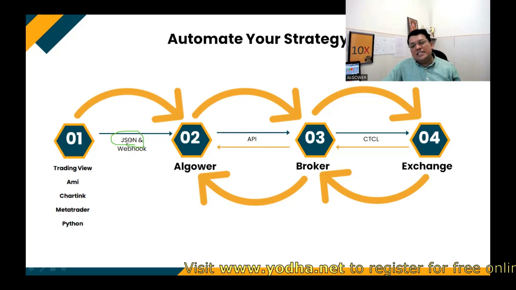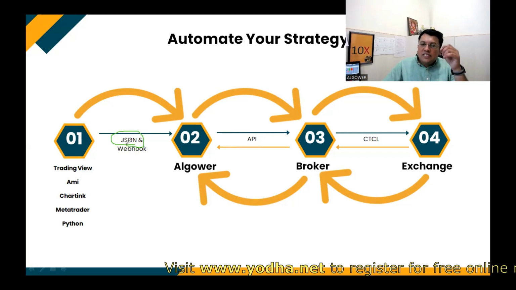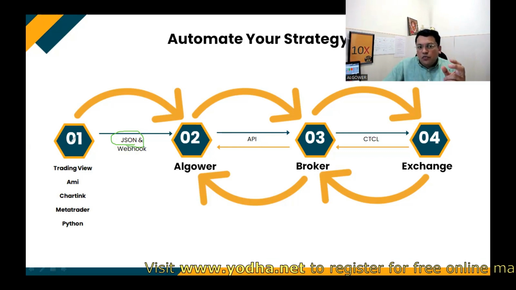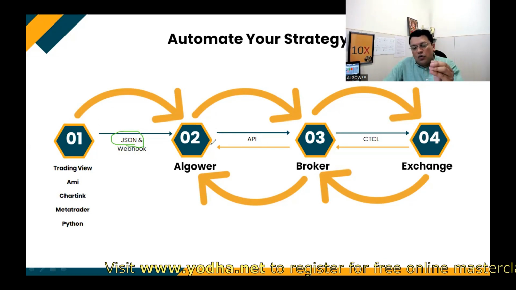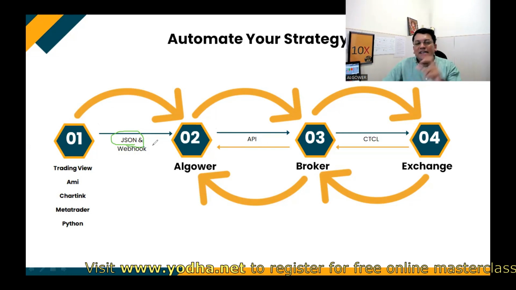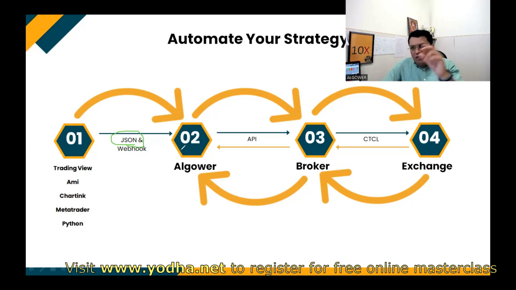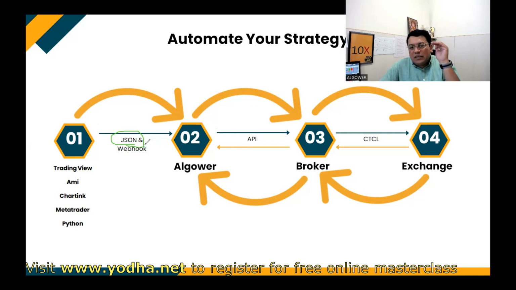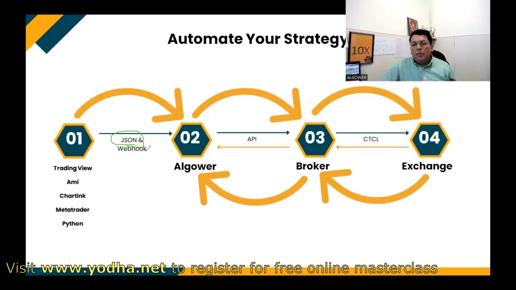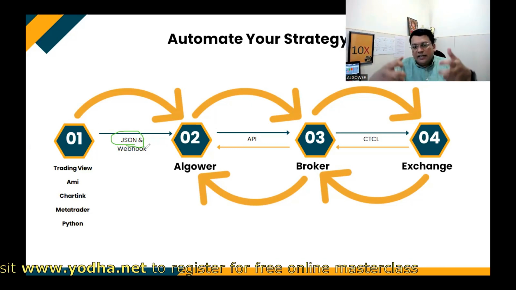This is a format. JSON is a format. The moment it generates a signal, it has to pass to Algover using JSON format, right? I will show you with an example, so don't worry about it. Just understand that there is something called JSON and there is something called webhook. Using these two things, we are connecting Algover.